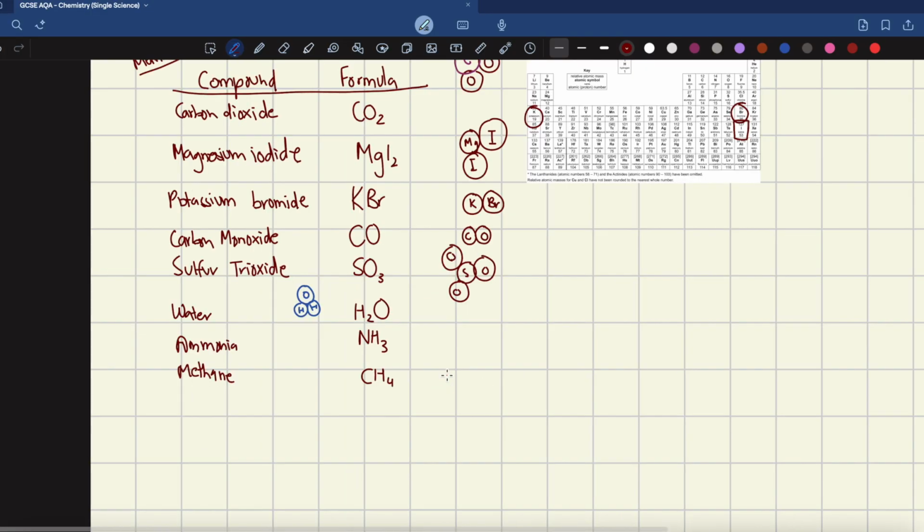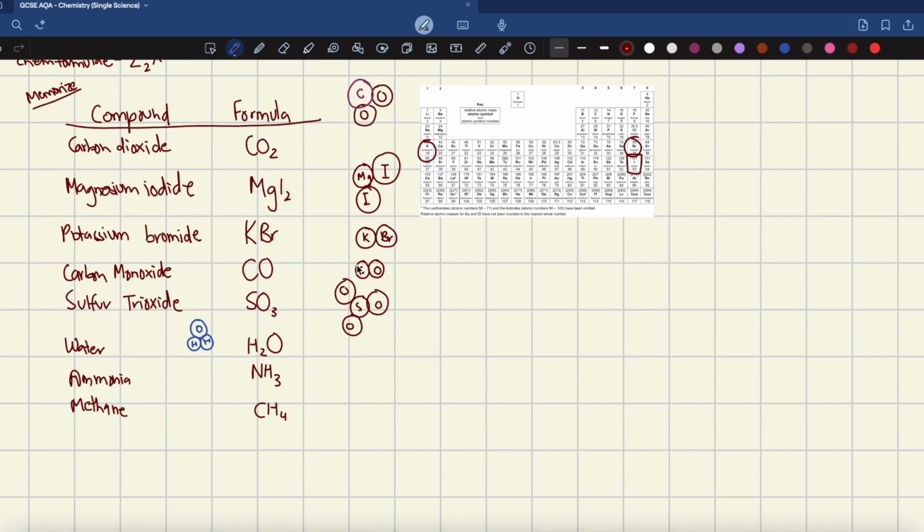Now, I want you to look at this. Some similarities. Do we not spot that when it was dioxide, there were 2 oxygens? Di. When there was mono, there was just 1 oxygen. When there was trioxide, it was 3 oxygens.